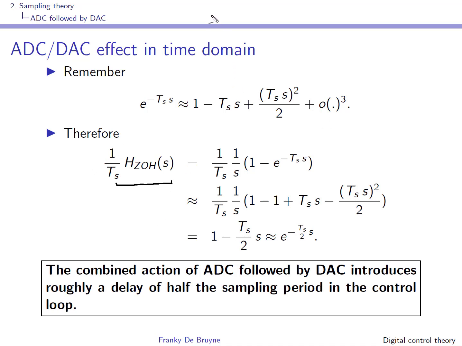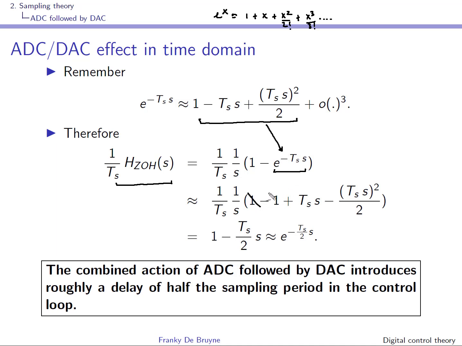If you remember the Taylor series of the exponential, which is 1 plus x plus x squared over 2 factorial plus x cubed over 3 factorial and so on, you can rewrite this expression as follows. We will stop at the second order term here. If you plug this expression over here, this is what you obtain.